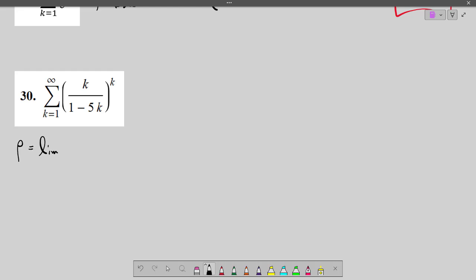Rho will equal the limit as k goes to infinity of the kth root of all this.